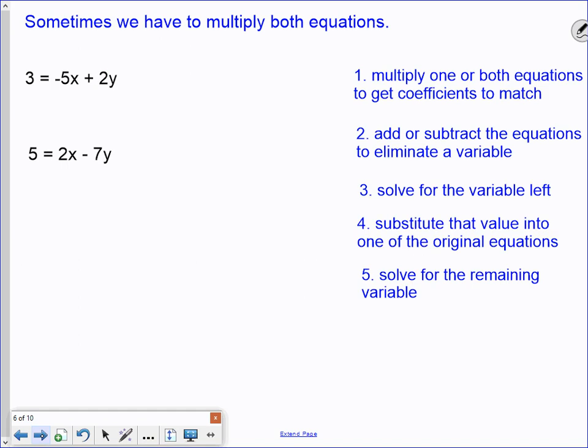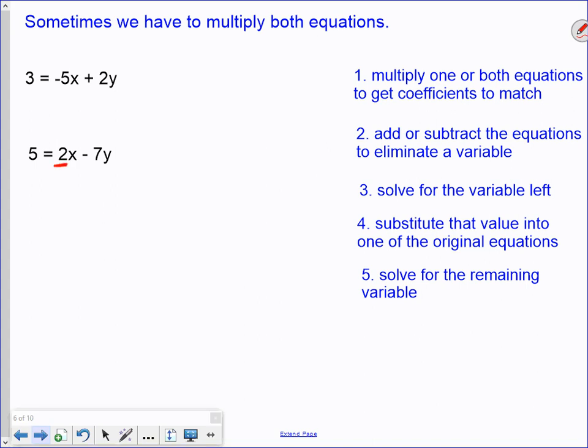So here, as I'm saying, sometimes we have to multiply both equations. So I've got 3 equals 5x plus 2y, 5 equals 2x minus 7y, and I want to get coefficients between that top equation and that bottom equation to match up. What I can do here is, let's say I want to get the x's to match up.